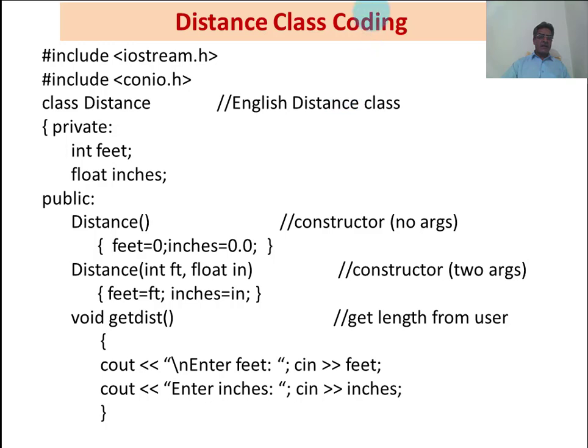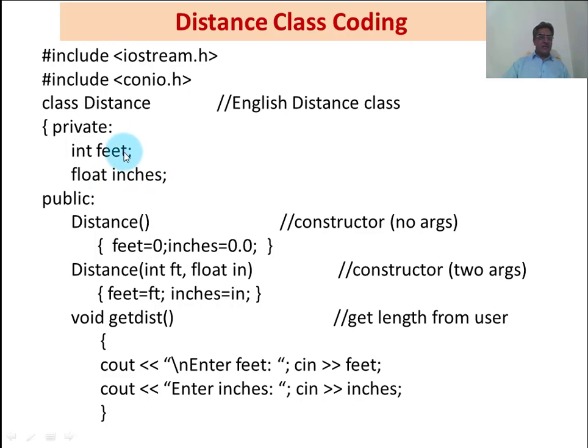Now here we actually want to overload the plus operator. This is our distance class coding. Hash include iostream, hash include conio.h. The class name is Distance. Private section. In the private section, these are the two attributes we were discussing in previous slides: feet and inches are the attributes of each and every distance.